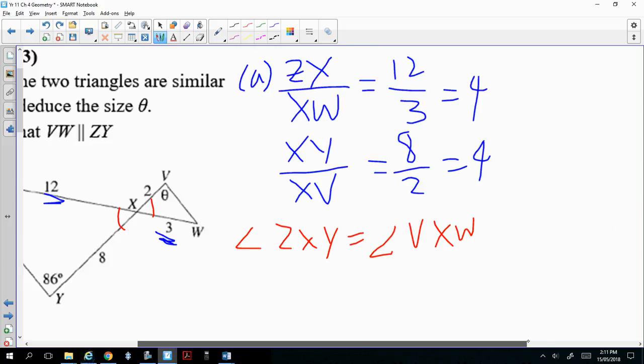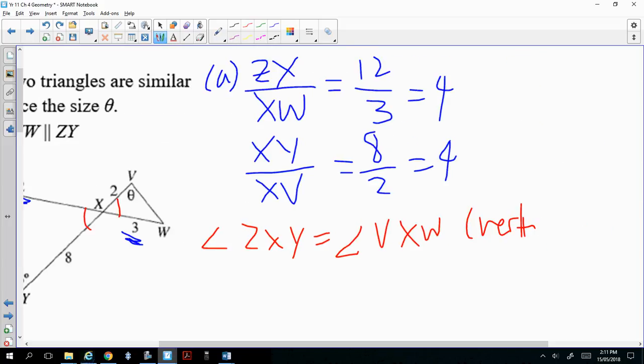And these 2 sides we should actually say given. We forgot to do that. Given. So each statement is followed by a reason.